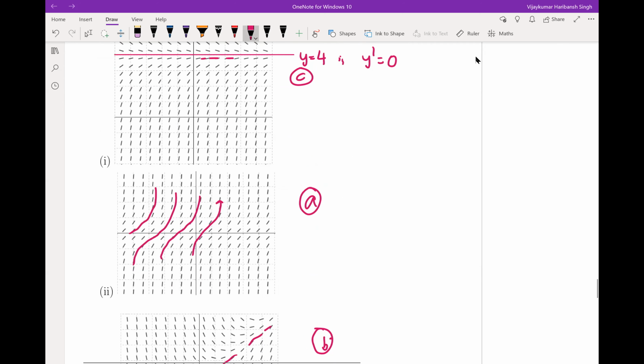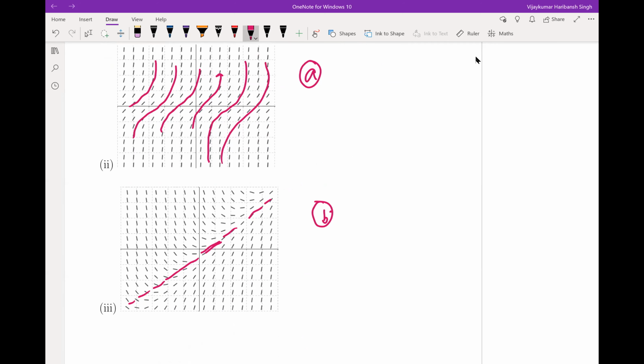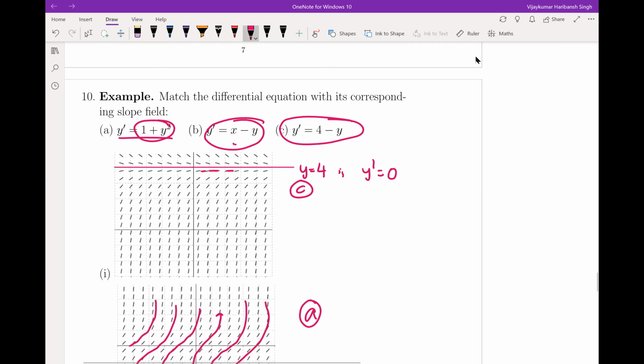Here you see it is invariant in x. These curves are exactly the same regardless of x. Whereas here, this is the only one which depends on y. If you're here, it's going down, but if you're here, it's going up. So therefore, the only possibility among these three would be y equals x minus.